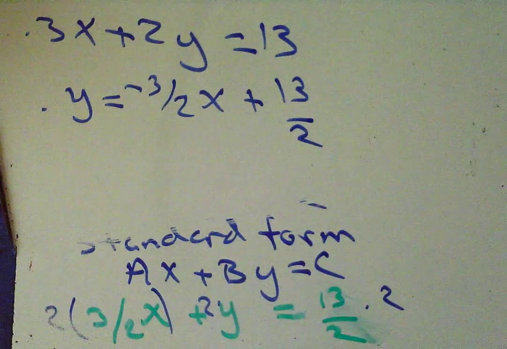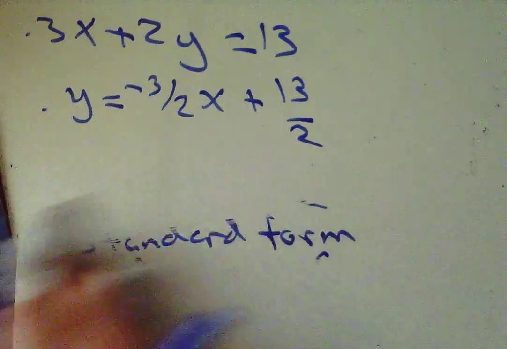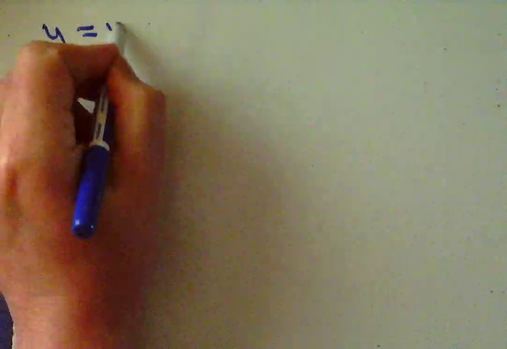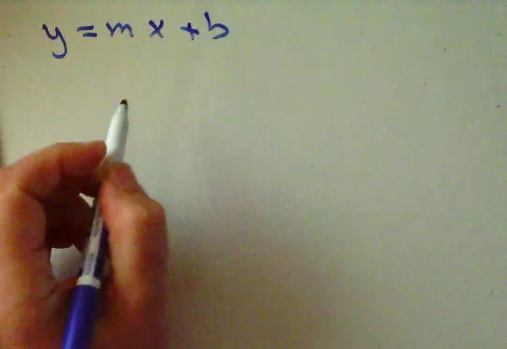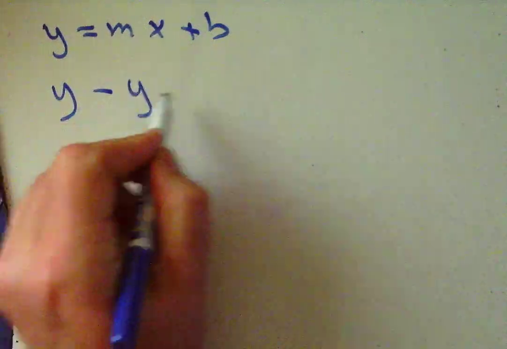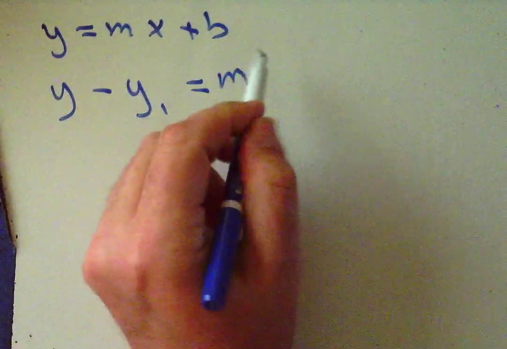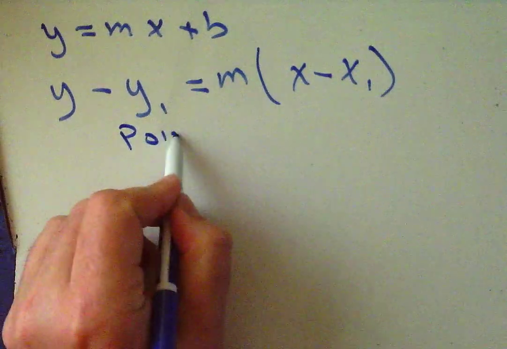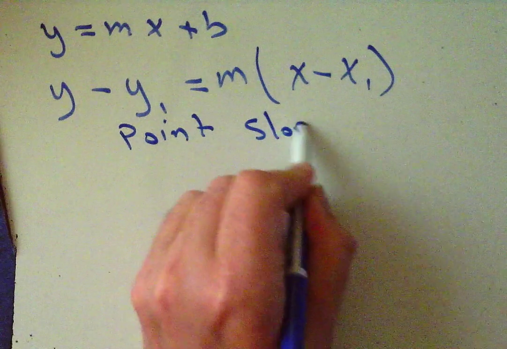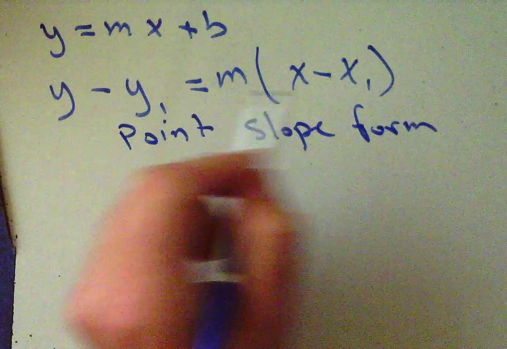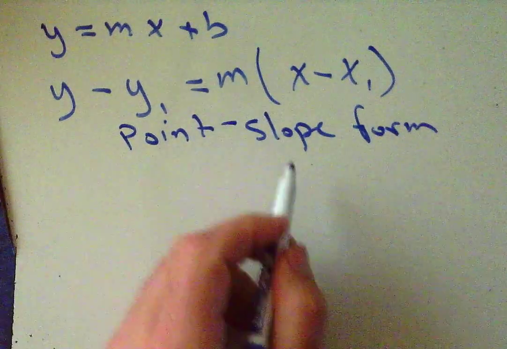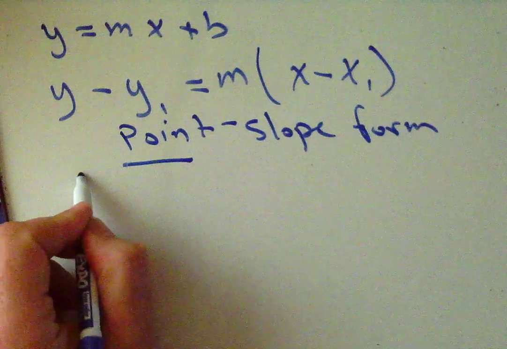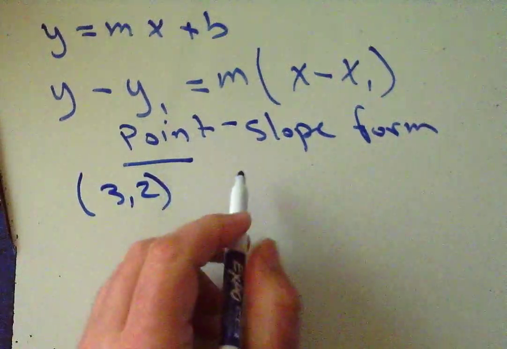But remember, we also said that we need to be able to write our equations of lines not just with slope-intercept form, y equals mx plus b, but also y minus y sub 1 equals m times x minus x sub 1. Remember, this one was called point slope form. In order to make this form work, I need an ordered pair like 3, 2, and I need a slope.